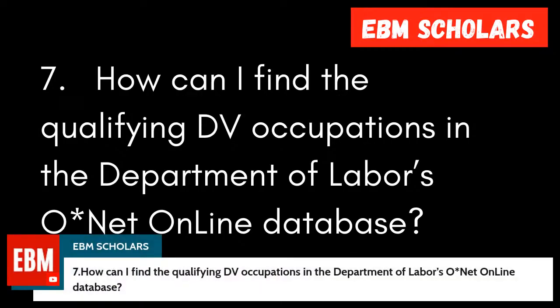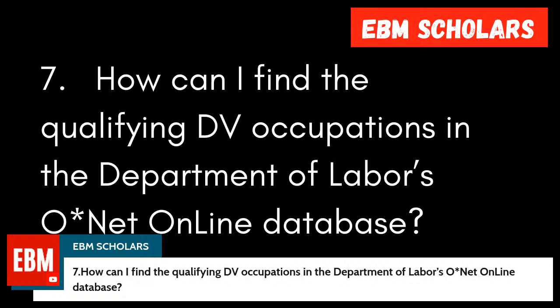Question number 7. How can I find the qualifying diversity visa occupations in the Department of Labor's O*NET Online database? How do you do that? I said you must find out what occupations qualify.